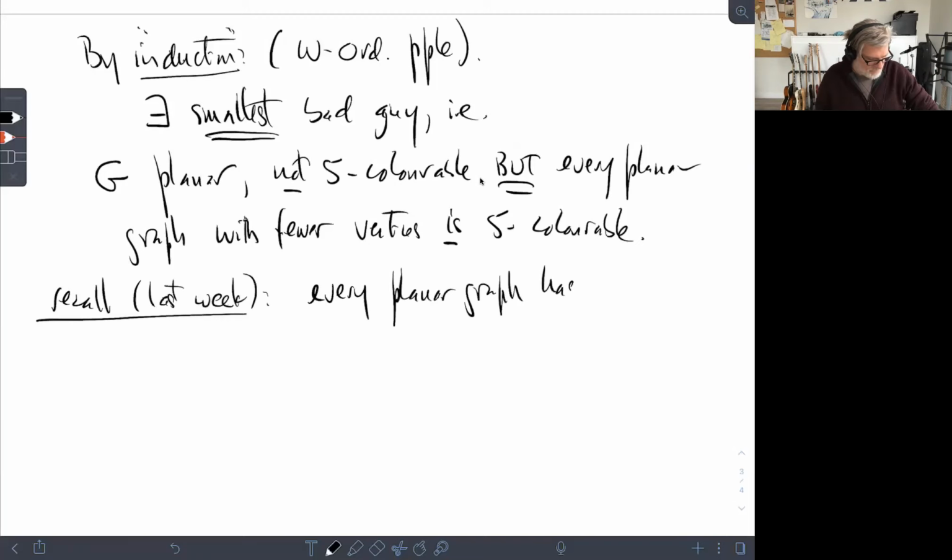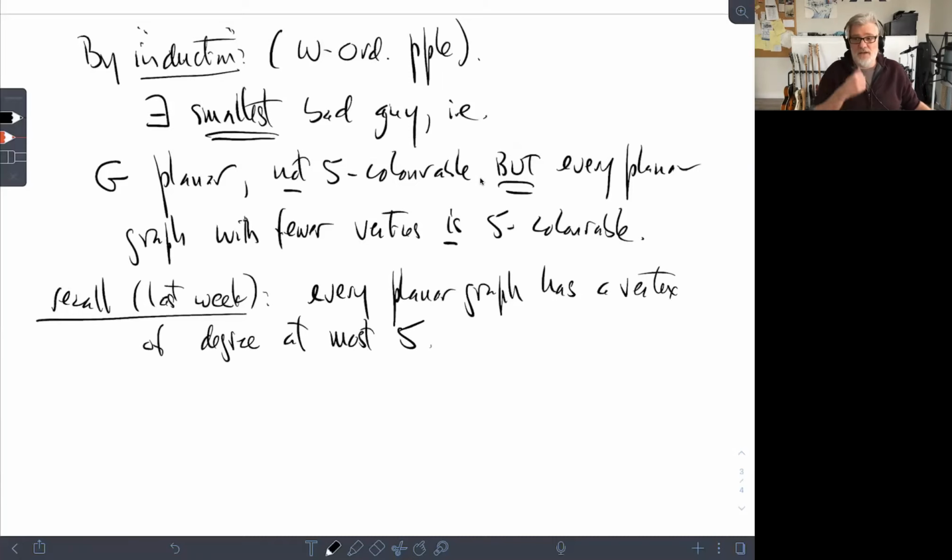And yes, this 5 is related to the 5 coloring thing, clearly, okay? Okay, so our bad guy, which is not 5 colorable, has a vertex of degree at most 5.